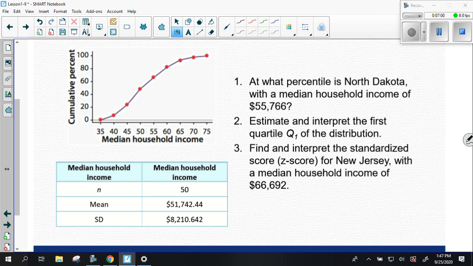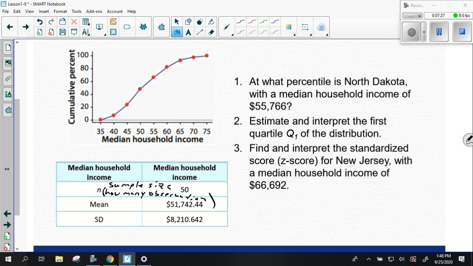All right, so right away, we're going to read this ogive. We've also been given some fantastic information. We've been given N, our sample size. Essentially, how many observations total?